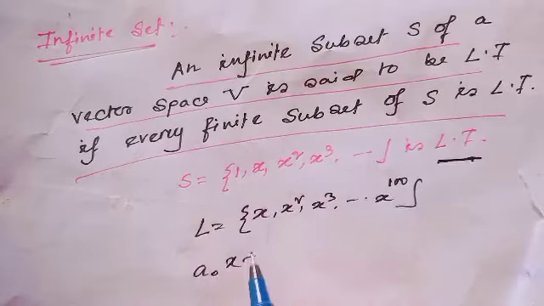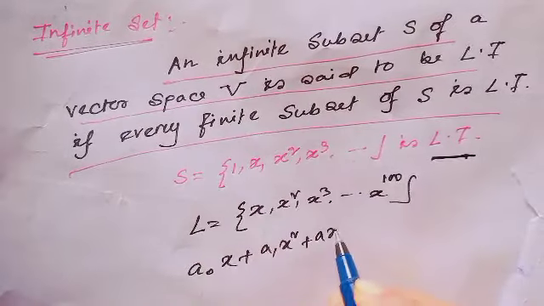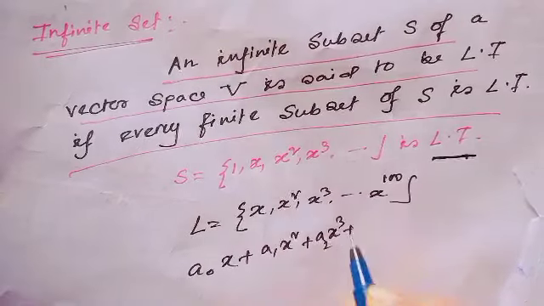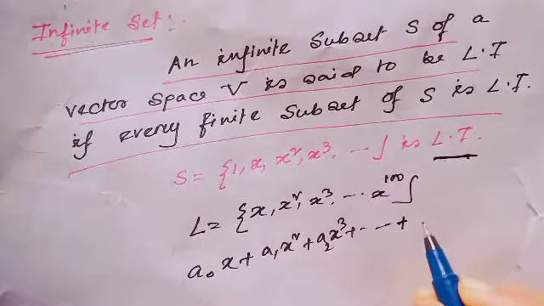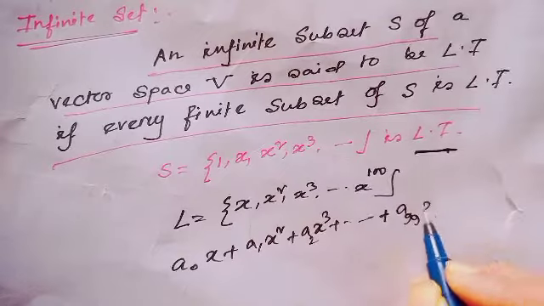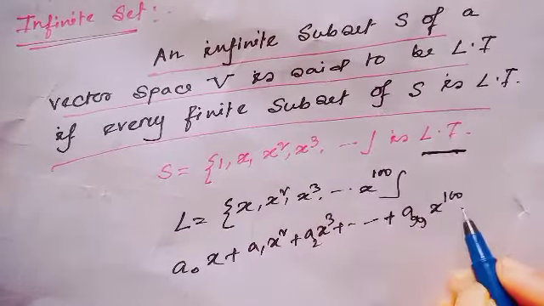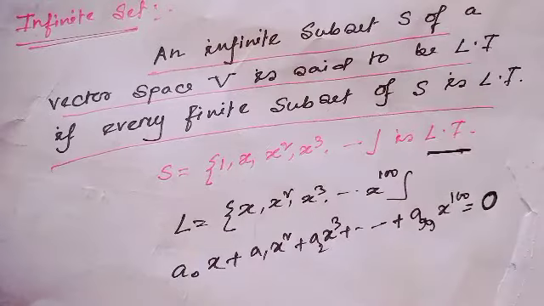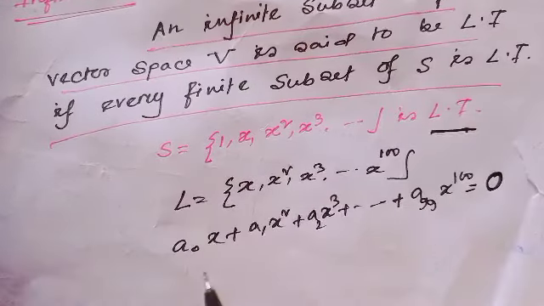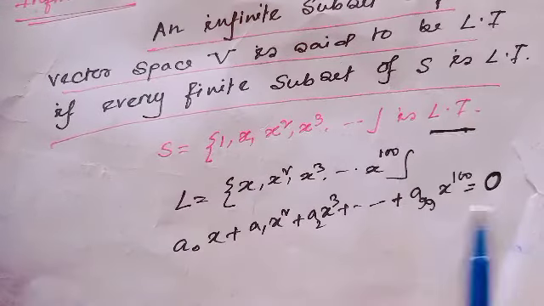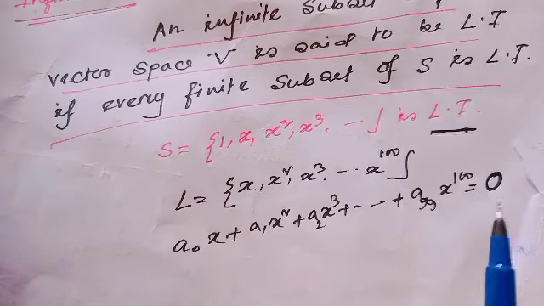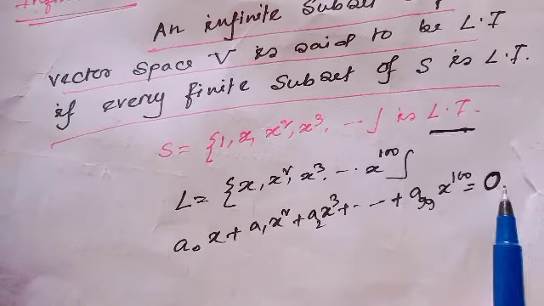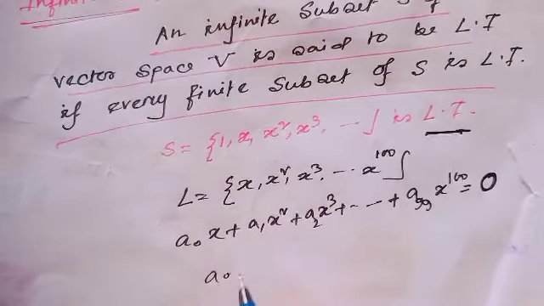a0 x plus a1 x square plus a2 x cube up to a99 x to the power 100, which is equal to 0, meaning the zero polynomial. Now if we equate each coefficient, since it is the zero polynomial, obviously a0 would be 0.